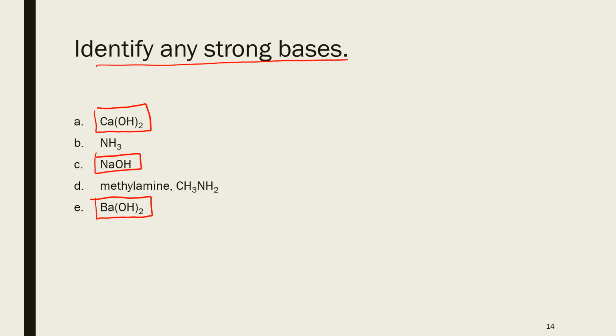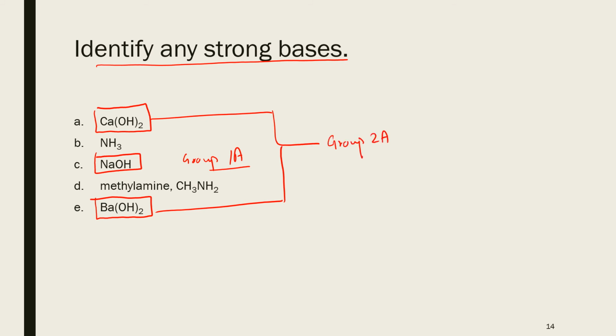Sodium is from group 1A, so that's why it's a strong base, and both calcium and barium are group 2A metals, and we know that ionic compounds made up of group 1A or 2A metals with hydroxide ions are strong bases. So all of these three are examples of strong bases.